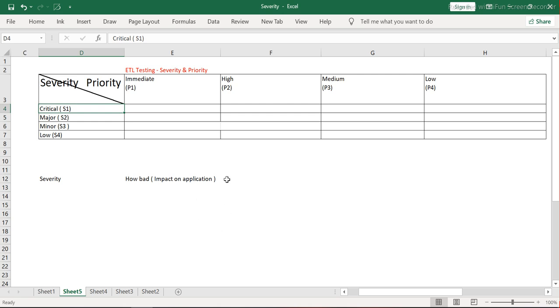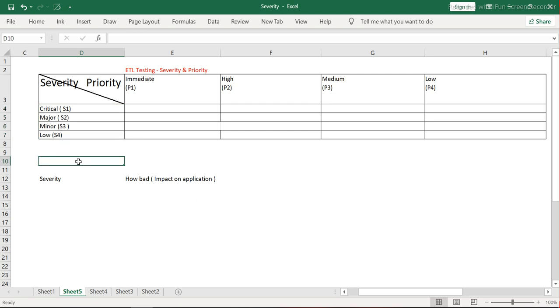We'll try to understand the different kinds of examples for each of these categories at a later point of time. But for now, just know that there are four different categories of severity. Some companies will decide on five, or some on three, but usually there are four.